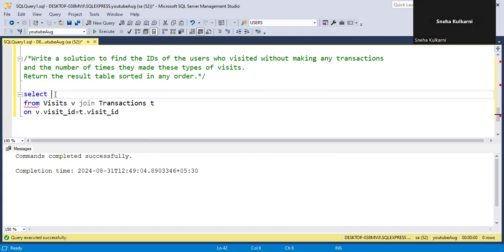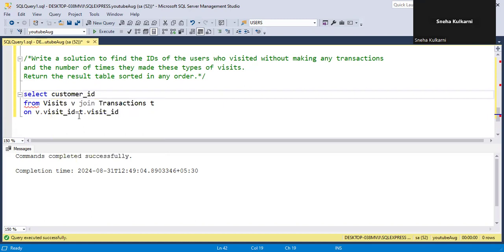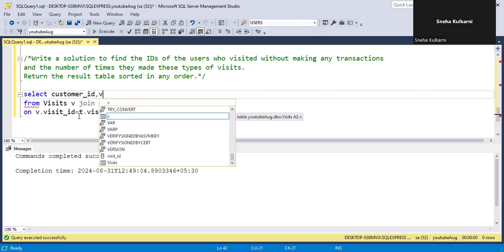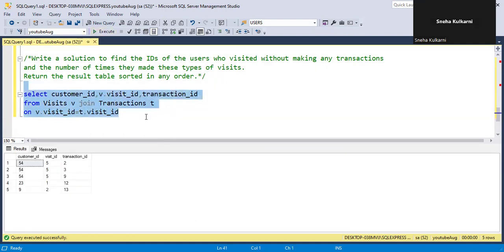Now I will select customer ID, visit ID from visits, and the transaction ID. Now I will run this query. Okay, I will use left join, sorry. And now I will run this query.